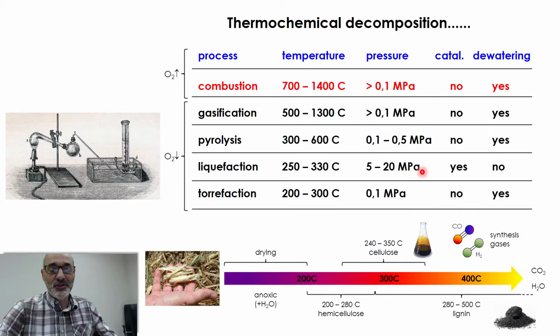They are more complex than this, I'm trying to simplify, but the idea is that you have different pathways, depending on what you want. If you want just to make synthesis gases, or syngas, as we say, you probably would like to apply gasification. And syngas you can use for power generation, but also for chemicals.